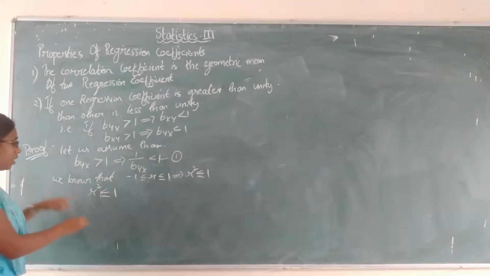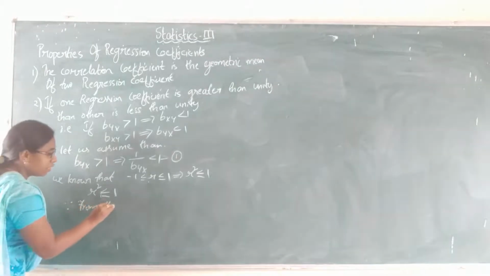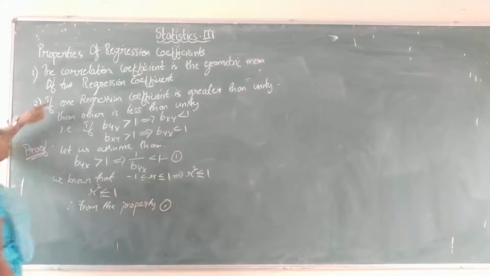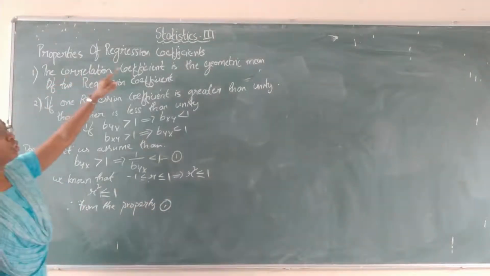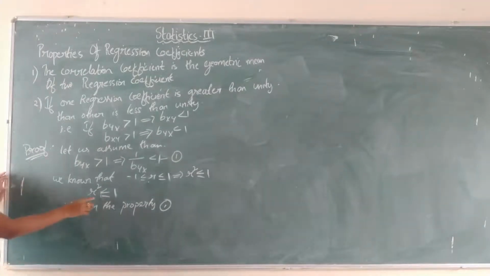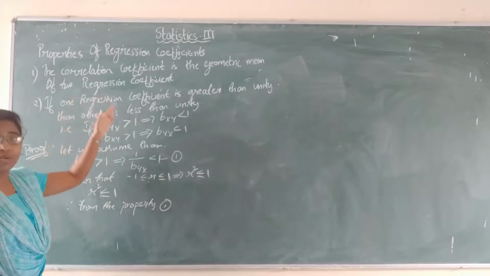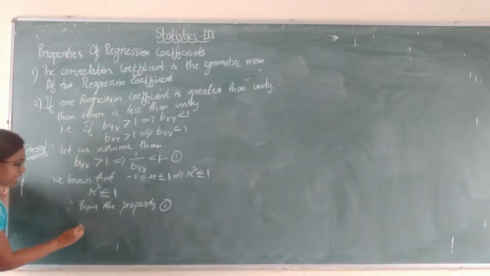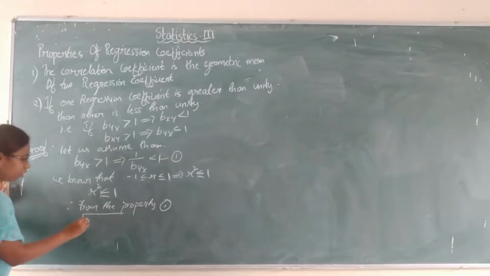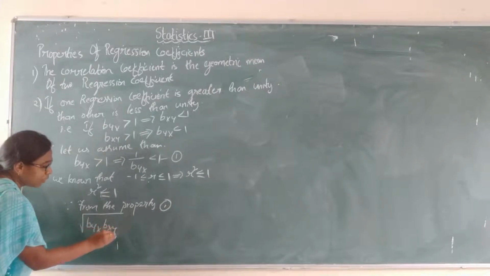So from property 1, what is the first property? R is the geometric mean between the two regression coefficients. So in place of R, I can take the geometric mean of the two regression coefficients, that is the square root of Byx into Bxy.